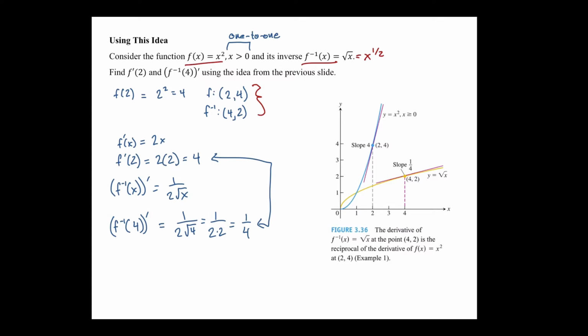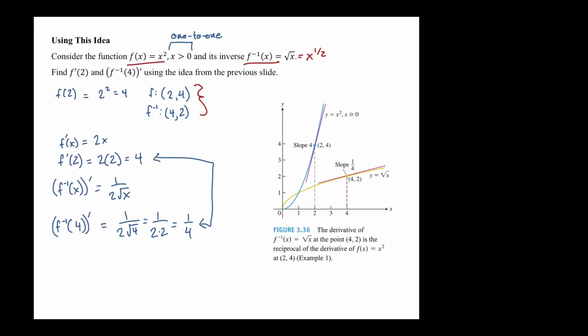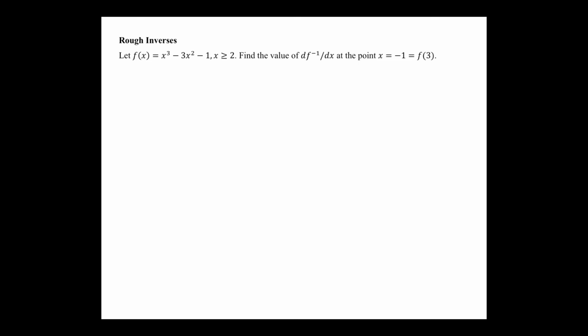So let's look at this next slide where we have something that's a little bit tough. So for example, this one right here, if you try to find the inverse, so let's say we have y equals x cubed minus 3x squared minus 1. This, of course, is making sure that the function is 1-to-1.